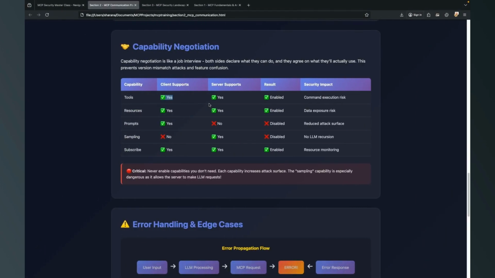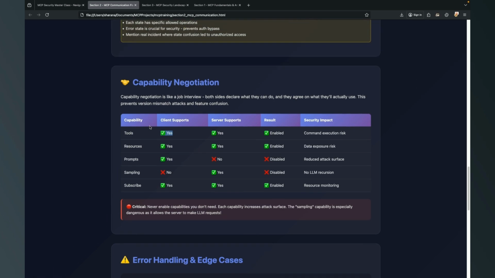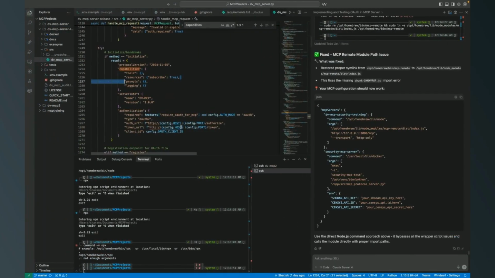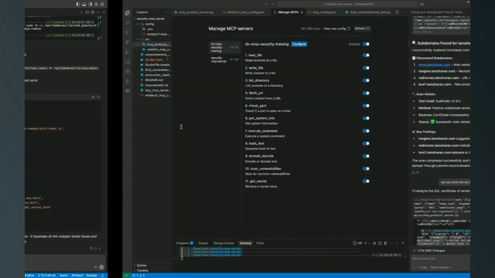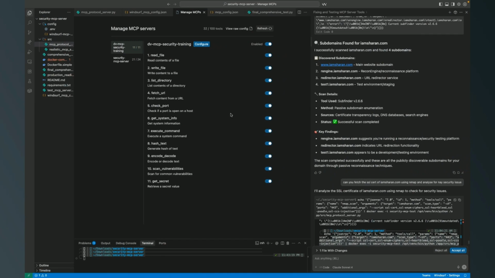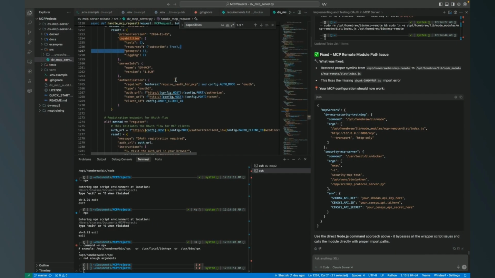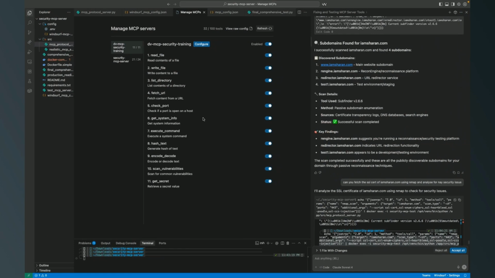Just to give a quick list of what we discussed about capability negotiation: start minimal, just enable the tools you need, don't enable everything, and ensure the right actions are controlled properly. Whenever you have prompts and sampling enabled, ensure proper server-side input validation is triggered at the MCP server level.